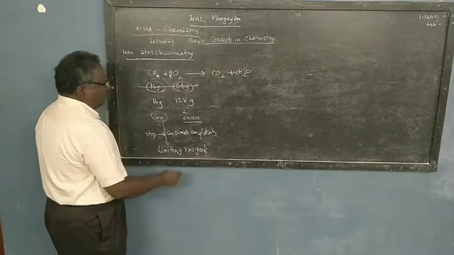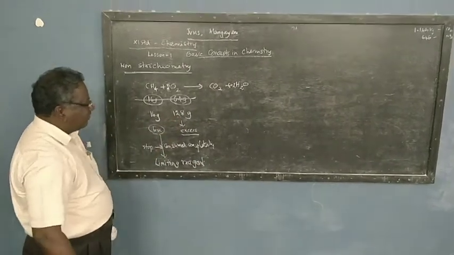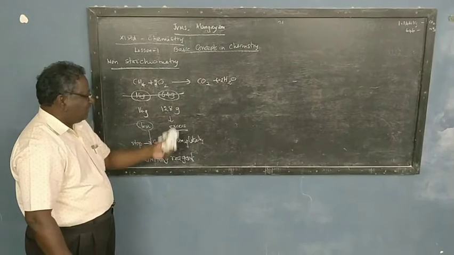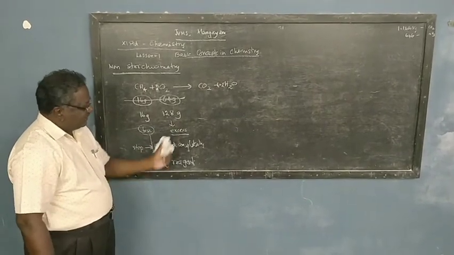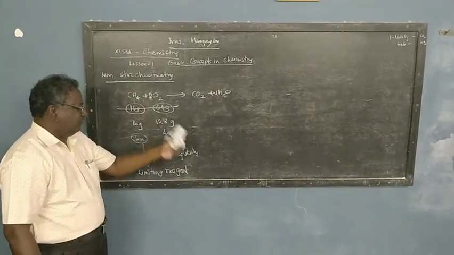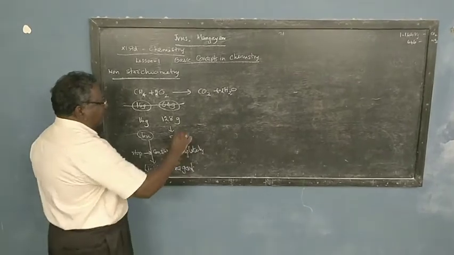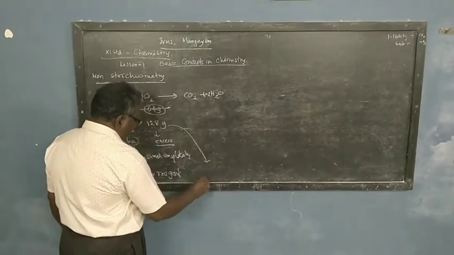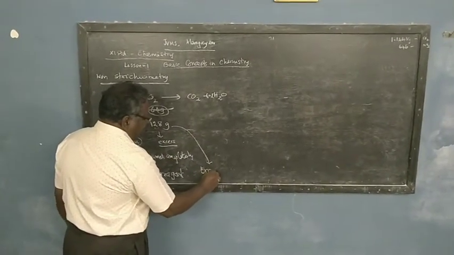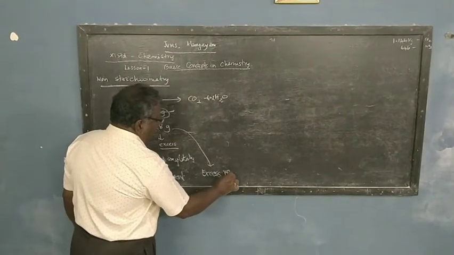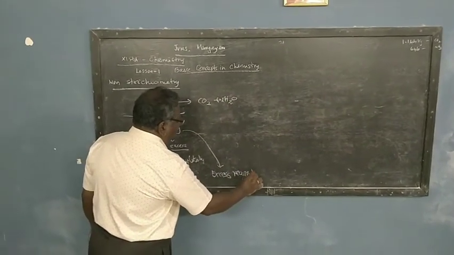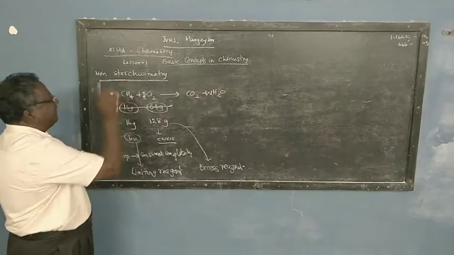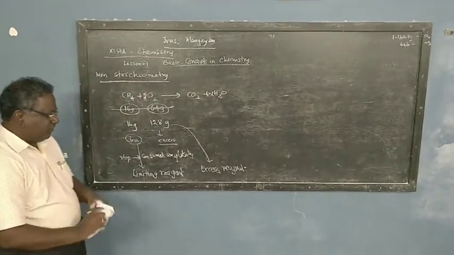Right? And the reactant which is taken in excess, part of which remains even after the completion of the chemical reaction, will be called as excess reagent. So in almost all the non-stoichiometric chemical reactions, there will be two reagents.